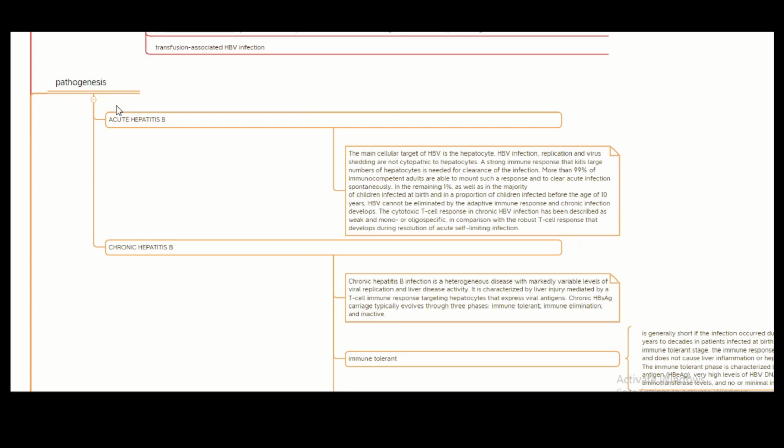The cell isn't affected, but the cell will show specific proteins on the envelope, and a strong immune response will kill a large number of hepatocytes, releasing into the blood a lot of the internal enzymes of the liver, which will give us later an increase in markers of liver injury, an increase of bilirubin, and a decrease of liver function because of the inflammation mediated by the immune response.